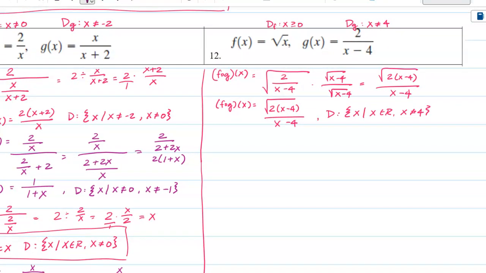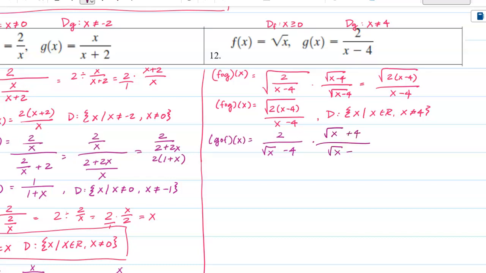Okay? And then we have g of f of x. I'm going to open up this square root x minus 4. We can't have a radical in the denominator. I'm going to multiply top and bottom by the conjugate.